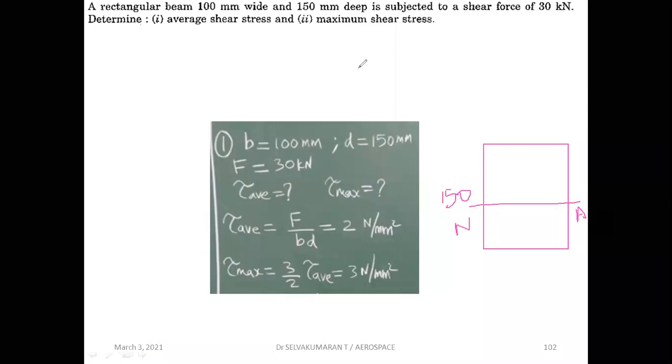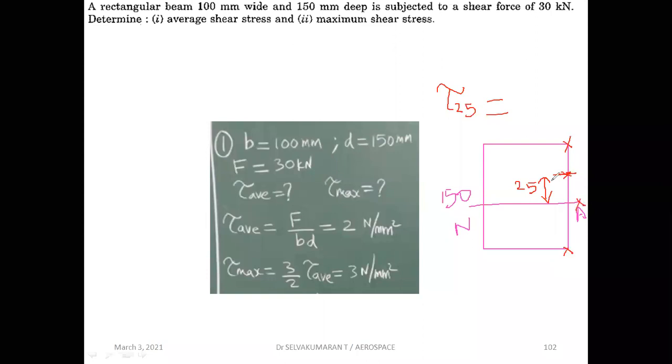If they ask you to calculate the shear stress at a distance of 25 millimeter above the neutral axis, that is, let us say, tau 25. You've got tau average, tau max, and here it would be 0, and here it would be 0, right? You've got the maximum shear stress values also.